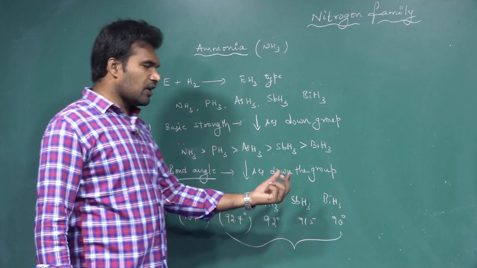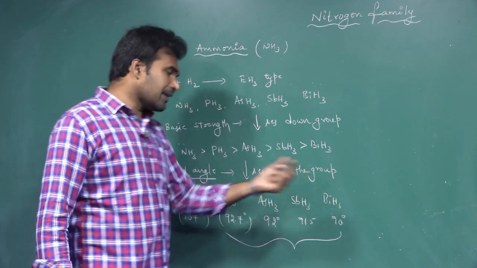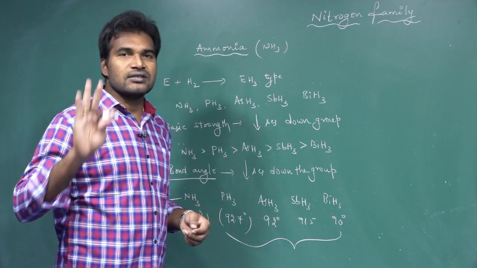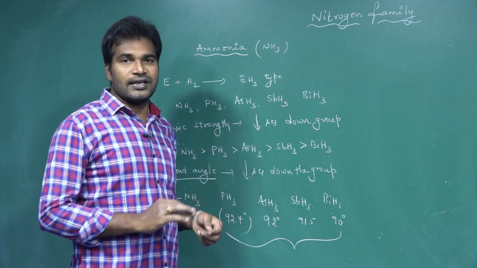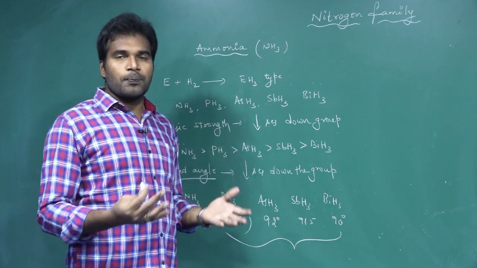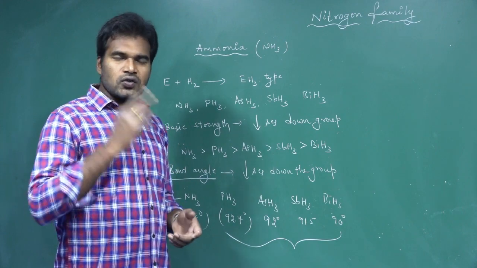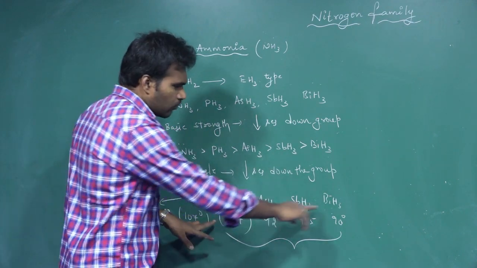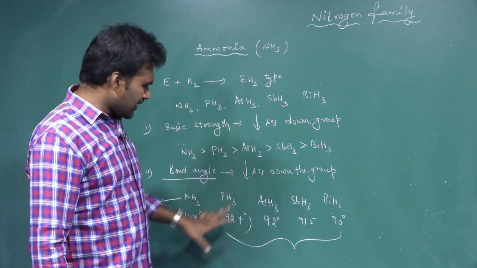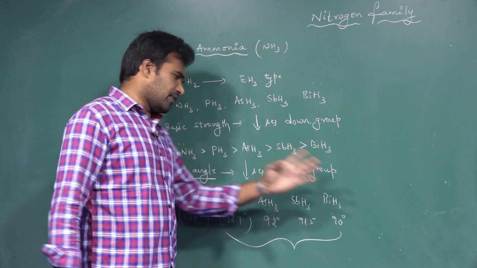Coming to phosphine, arsine, stibine and bismuthine, in the remaining hydrides the central atom does not undergo hybridization. Pure p orbitals are involved in the bonding. Generally the p orbitals are perpendicular to each other, so their bond angles are nearly 90 degrees. Their bond angles are almost equal to 90 but not exactly, so they slightly decrease from 92.7 to 90 degrees.